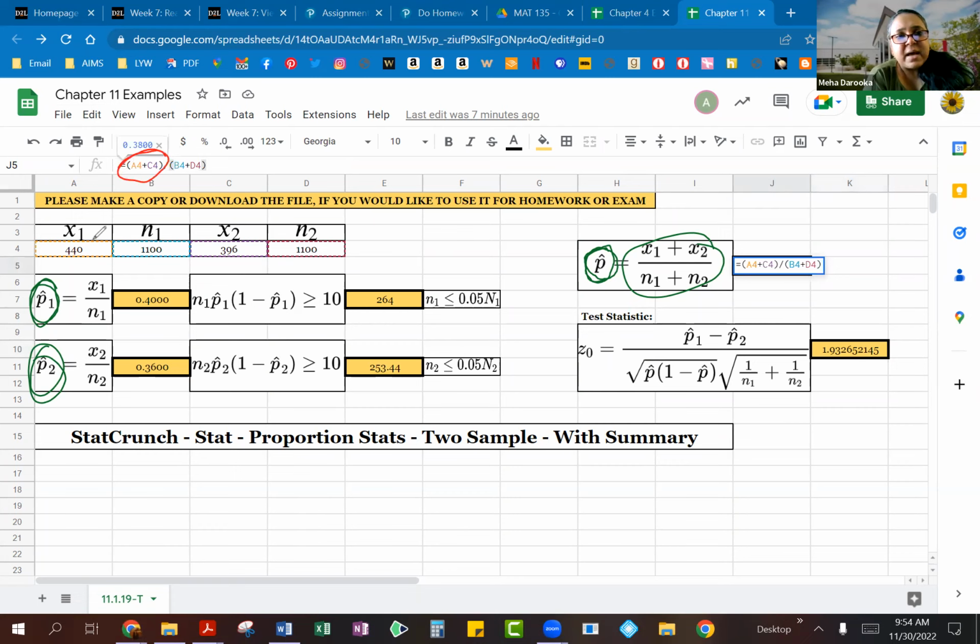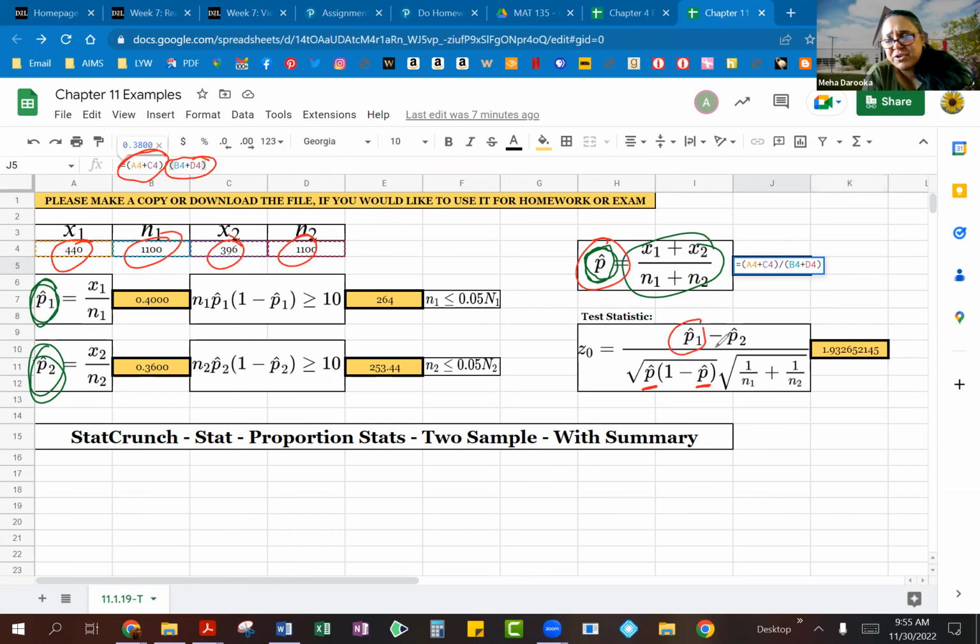We take the sum of x1 plus x2 on the numerator, and divide it by the sum of n1 plus n2 on the denominator. That gives you your p-hat value, and we are going to need that over here in the denominator. That's why we needed to calculate this number.